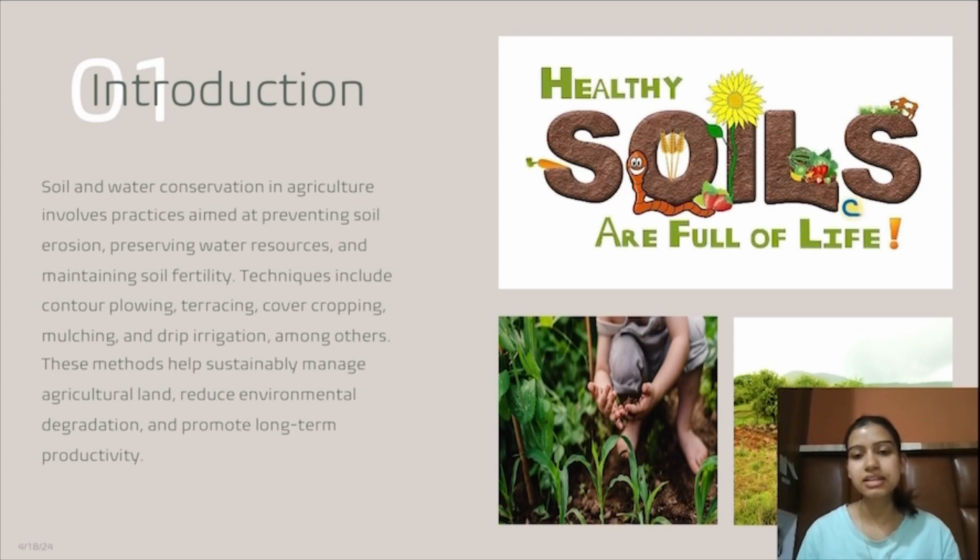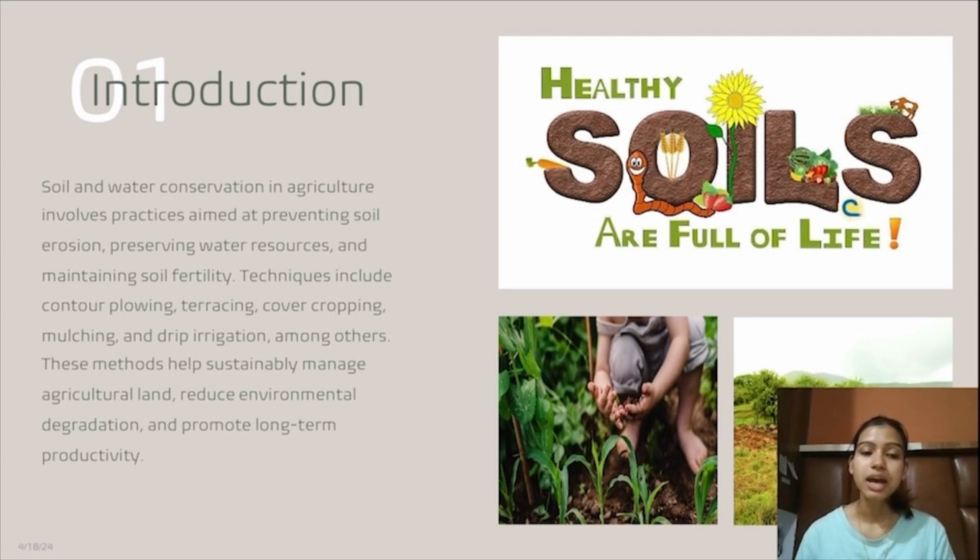So the introduction: as we can see in the picture, healthy soils are full of life. The healthier the soil gets, the better the production and the outcome will be. Soil and water conservation in agriculture involves practices aimed at preventing soil erosion, preserving water resources, and maintaining soil fertility.